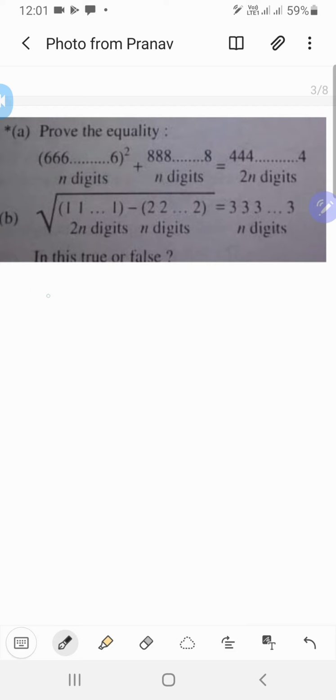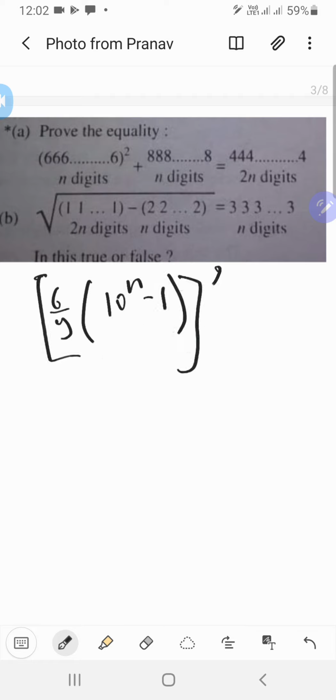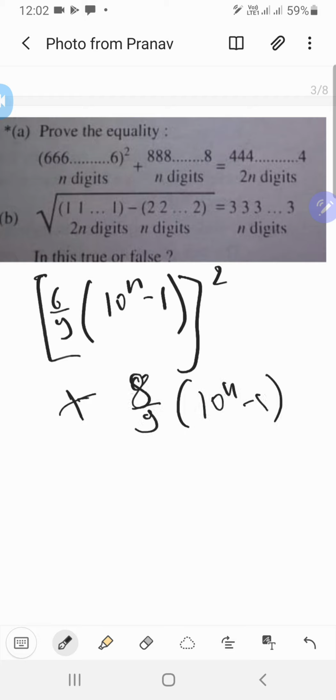This is going to be 6 upon 9 of, well, 9 with n digits is 10 to the n minus 1, and then this complete thing is squared, plus 8 upon 9 of (10 to the n minus 1). This is supposed to be equal to 4 till 2n digits, so 4 upon 9 into (10 to the 2n minus 1).